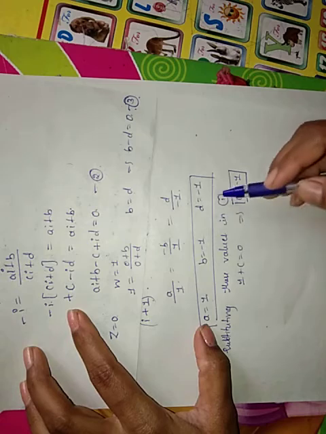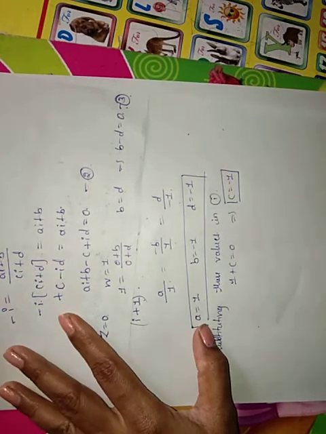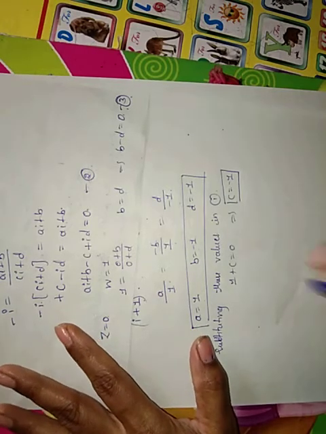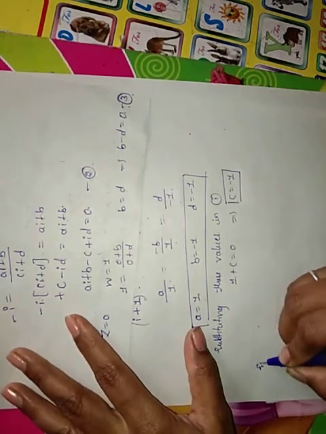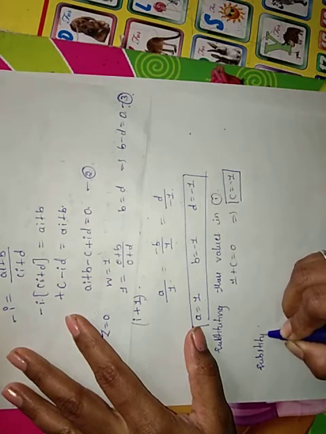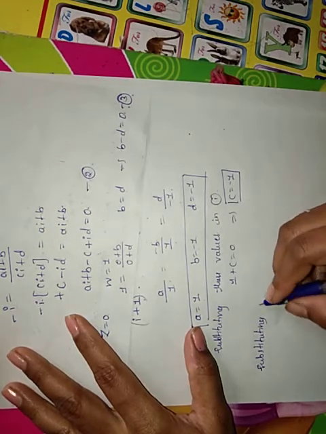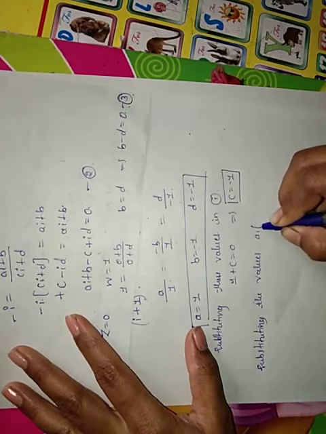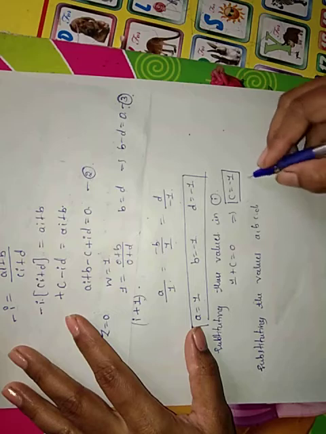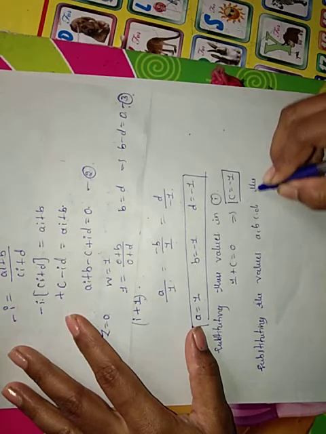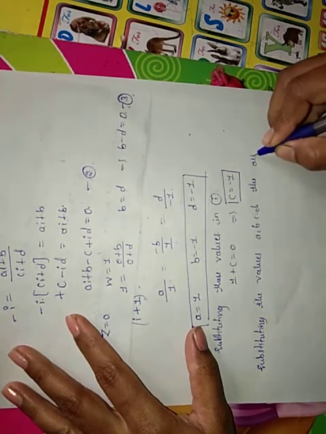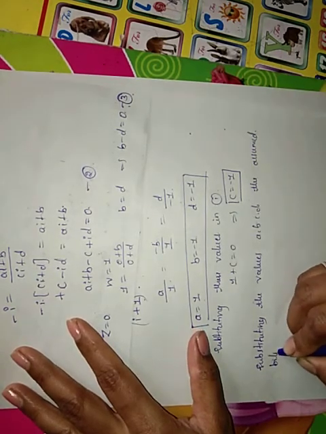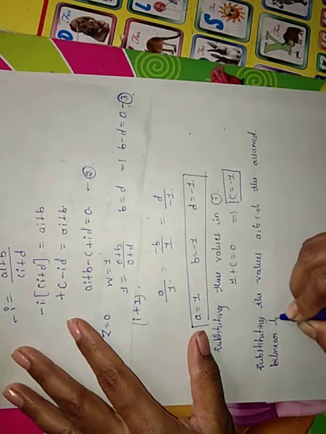So we have found out the A, B, C, D values here. Now I am going to substitute these A, B, C, D values in the assumed bilinear transformation. Substituting the values A, B, C, D in the assumed bilinear transformation.